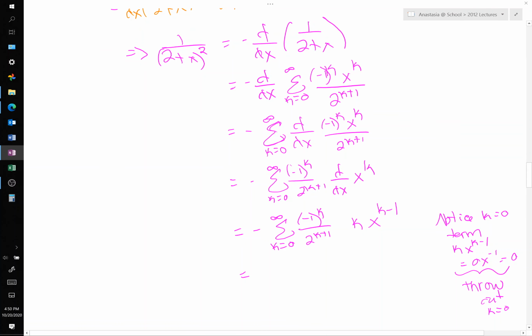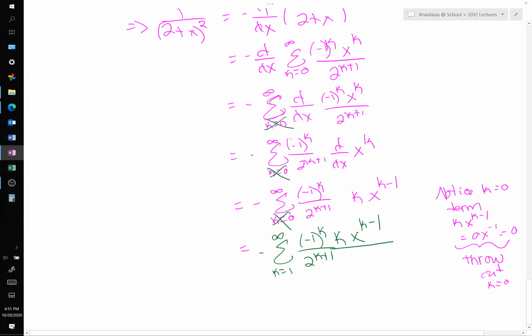So we end up getting, really, I shouldn't have written k equals 0 here, because we are instead going to say that the sum starts at k equals 1. So negative sum from k equals 1 to infinity of negative 1 to the k over 2 to the k plus 1 times k x to the k minus 1.